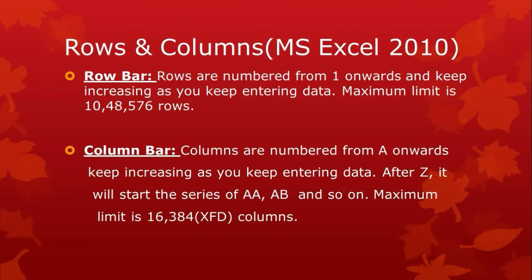In Excel, rows are numbered from 1 onwards and keep increasing as you keep entering data. The maximum limit is 10,48,576 rows. That means Excel 2010 has 10,48,576 rows at maximum.